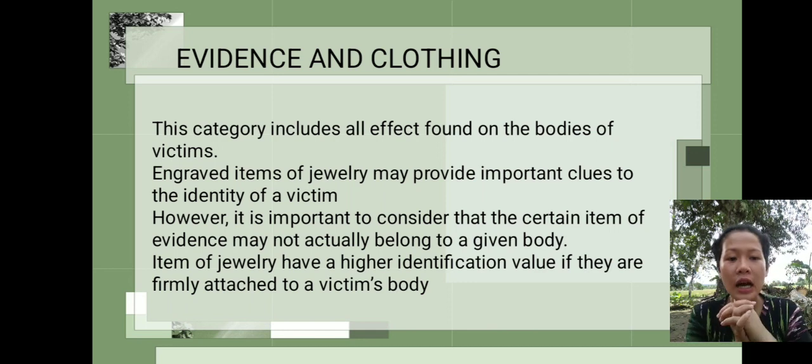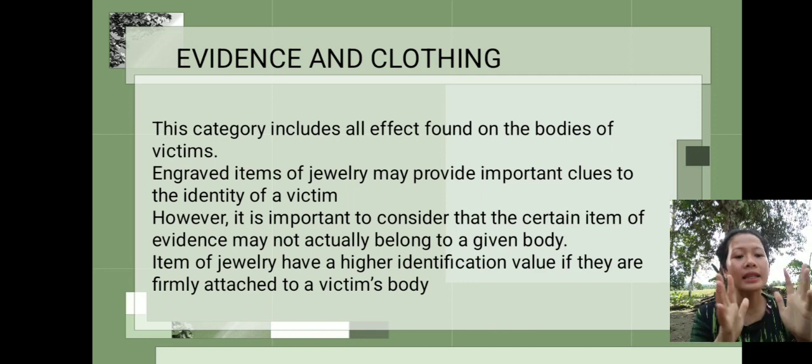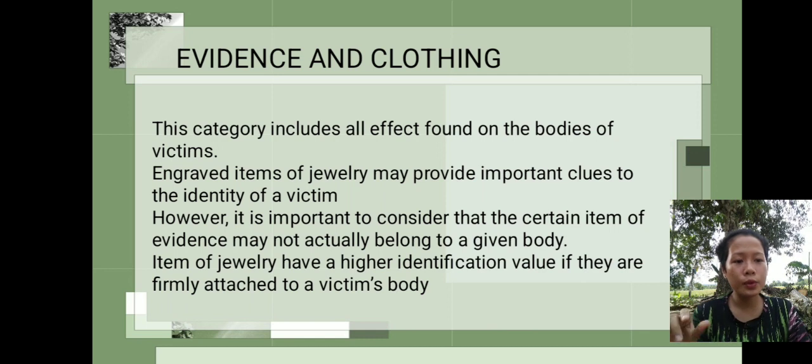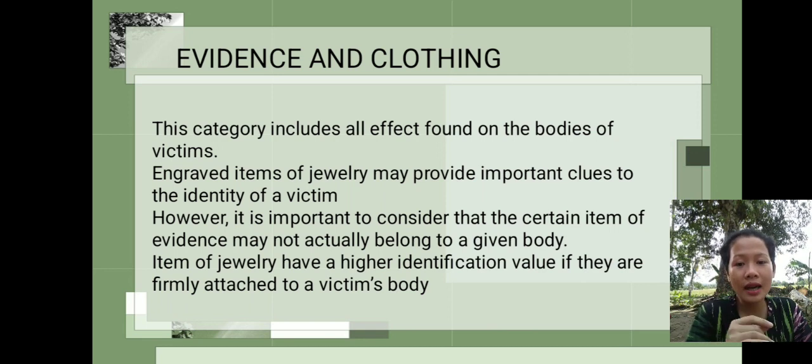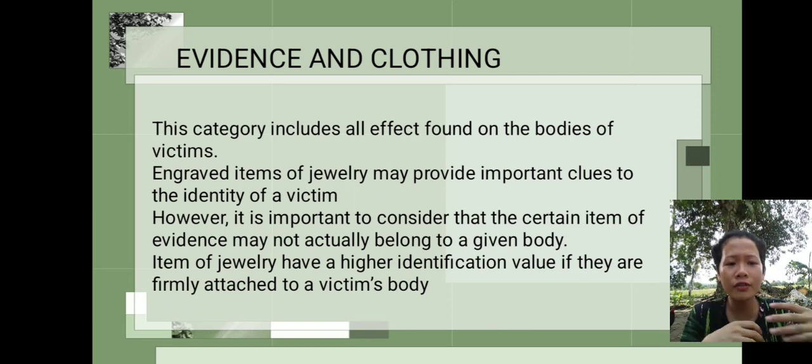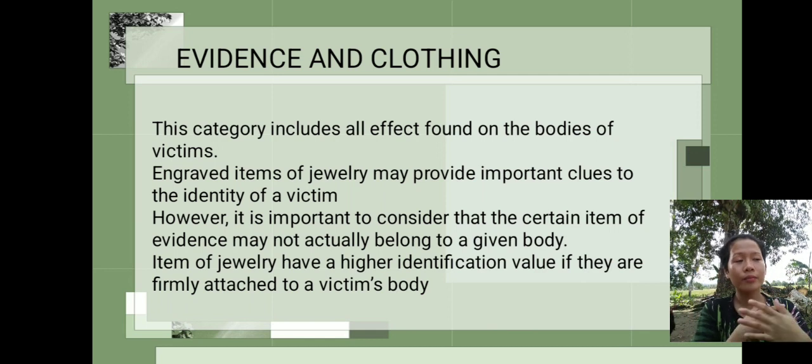However, it is important to consider that a certain item of evidence might not actually belong to the given body. Sometimes an item or piece of evidence might not belong to the dead body.